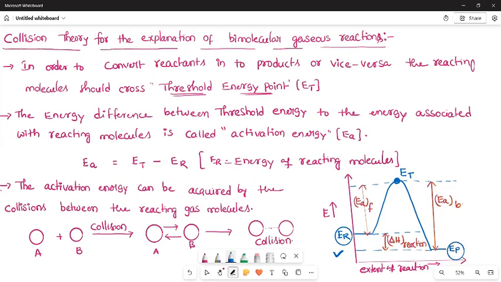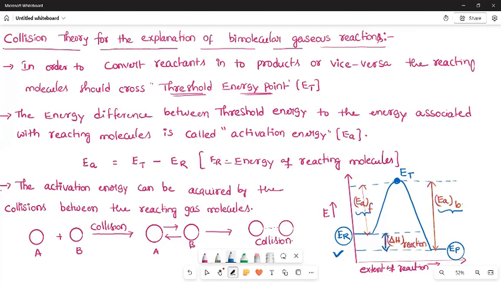The energy difference between the threshold energy and the reactants is the activation energy of the forward reaction. The energy difference between the threshold energy and the products is called the activation energy of the backward reaction. And finally, the energy difference between reactant and product is called the enthalpy of the reaction, which will be discussed in thermodynamics.